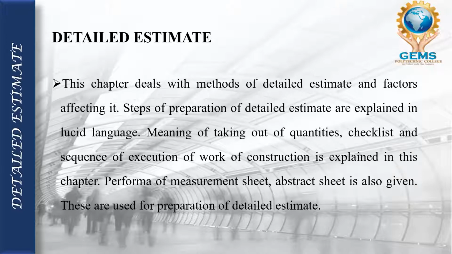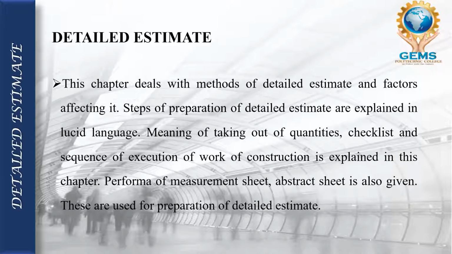So in the abstract sheet there will be the quantity, then the unit, the rate, the cost per unit, then the amount. The total amount of a project can be obtained through the abstract sheet. That is the meaning of a measurement sheet and abstract sheet. Through these only we can prepare a detailed estimate.